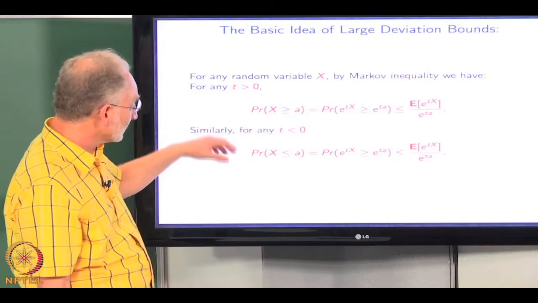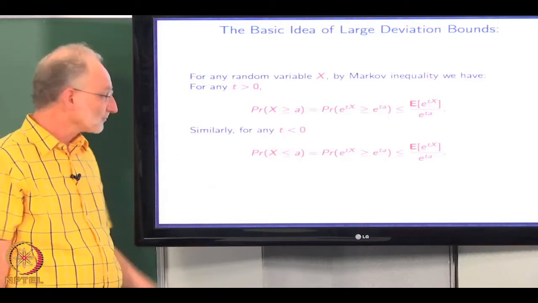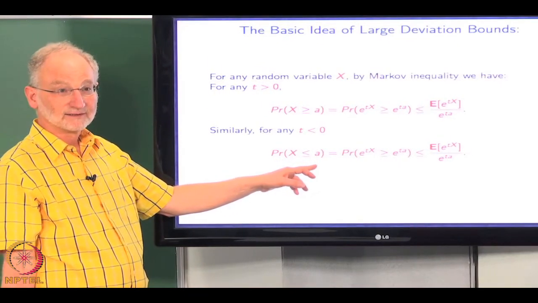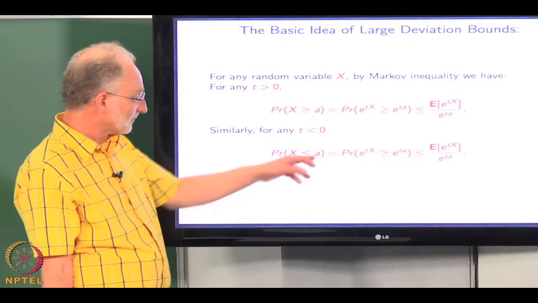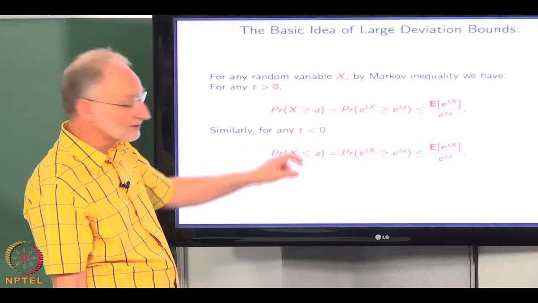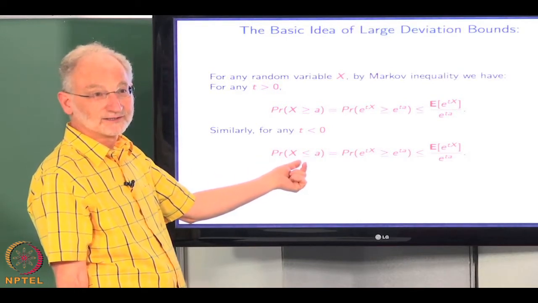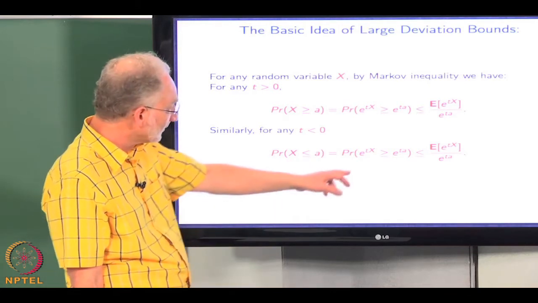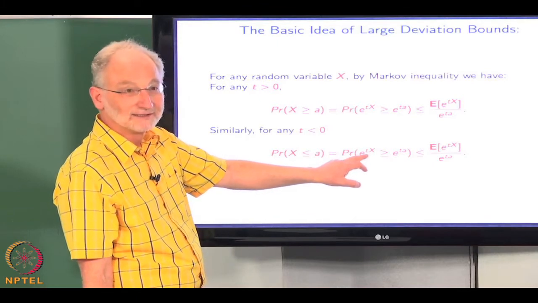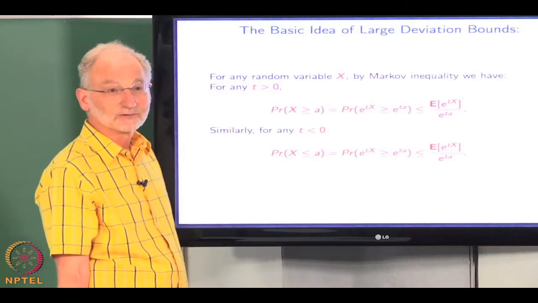We can answer the opposite question using t less than 0. So for the probability that x is bounded by A from above, now t is negative, so if we multiply both sides by t, we switch the inequality. This is now going to look the same, only now t is negative, and we get the same bound using the Markov inequality.